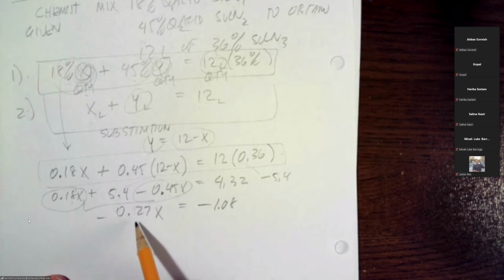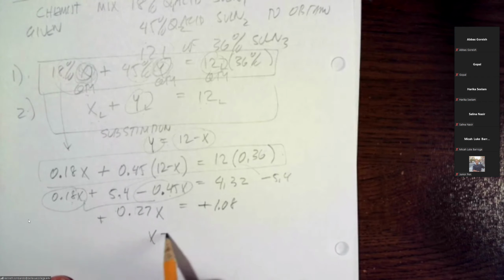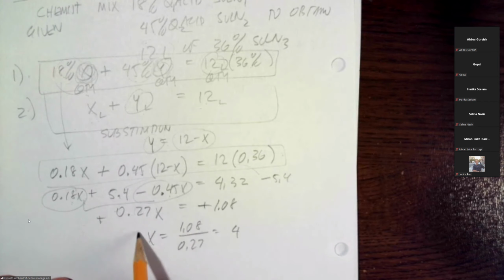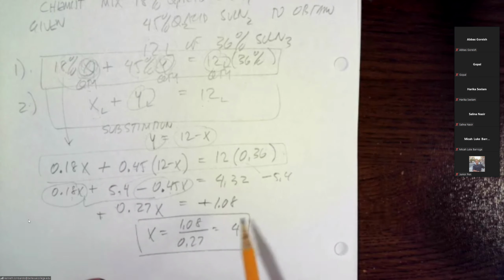Okay, and then we're solving for x. They're both negative, so I can just make that a positive. x equals 1.08 divided by 0.27. It looks like that becomes 4. So x is 4, and the units are what?